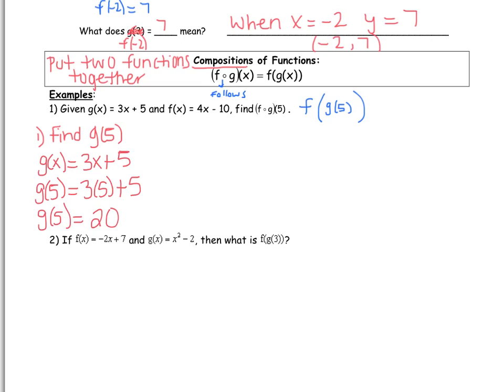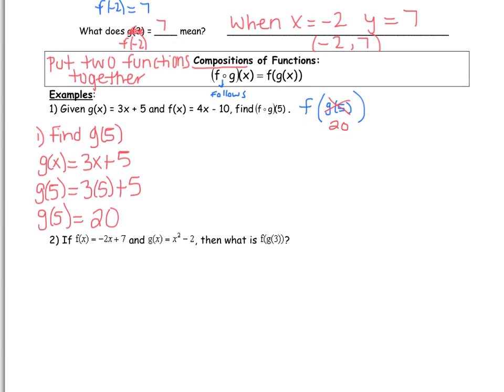So now I just found out what g of 5 is. How about I replace that with what it's equal to? It tells me g of 5 equals 20. So instead of this g of 5 here, I'm going to cross it off and put 20. Now I want to find f of 20.